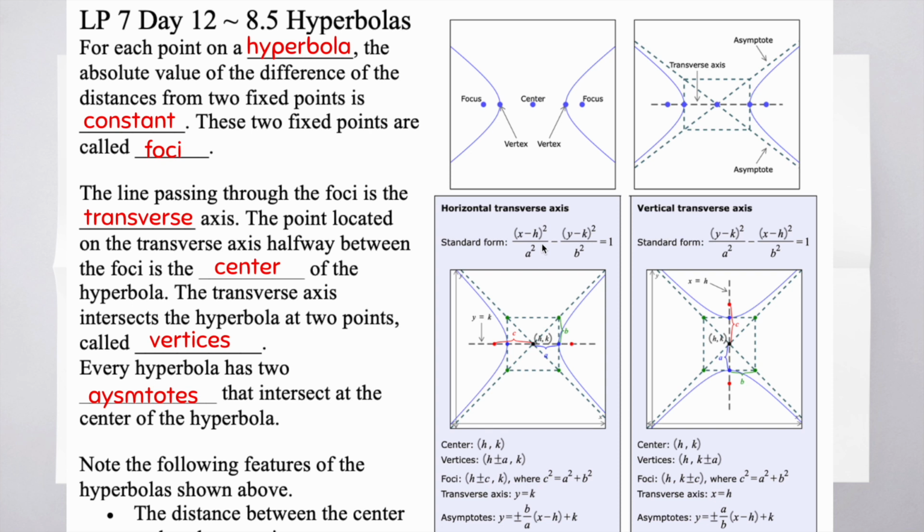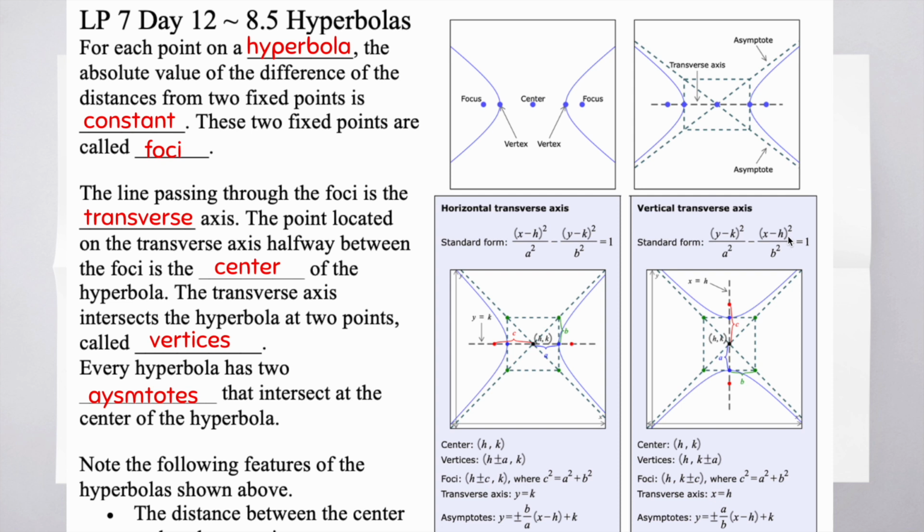Now, if you remember from ellipses, the x minus h squared and the y minus k squared did not move. It was the a and the b that moved. But now with a hyperbola, the a and the b do not move. It's the x or the y that move. So it's the one being subtracted that actually tells you is it horizontal or vertical. So if y minus k squared is being subtracted, then it's horizontal.